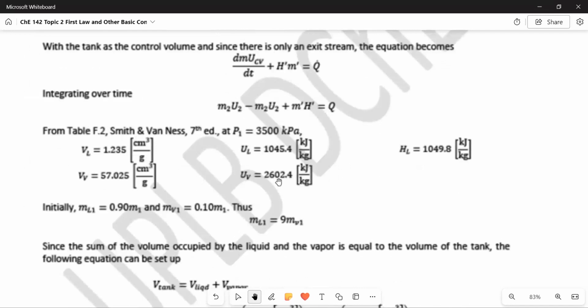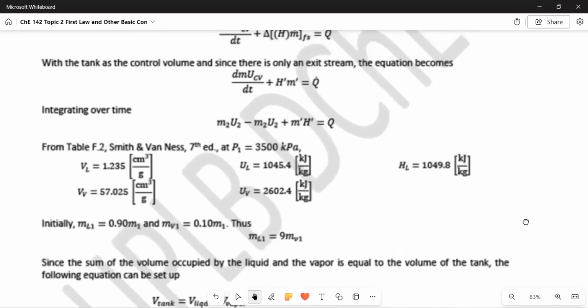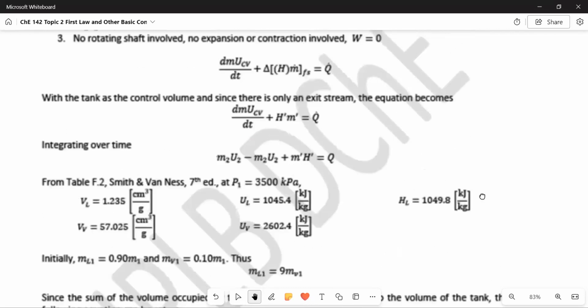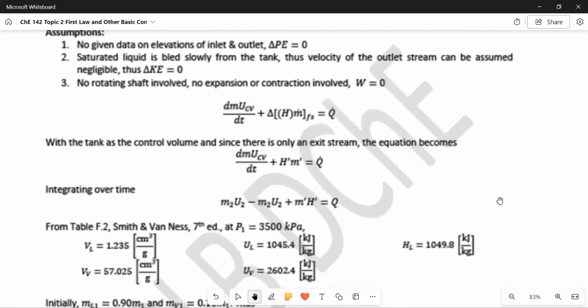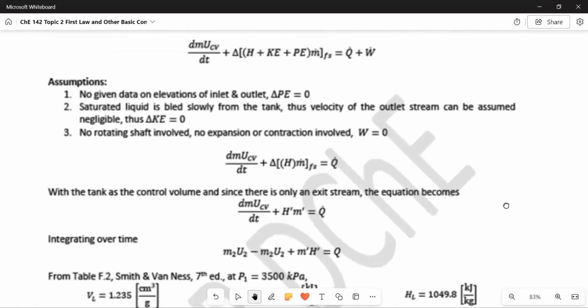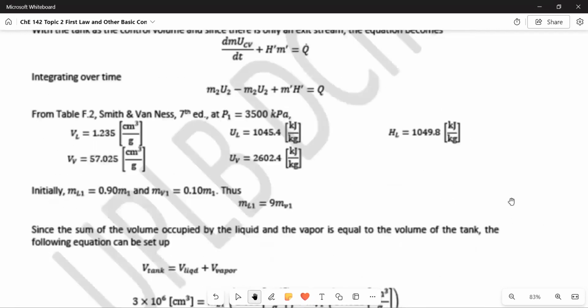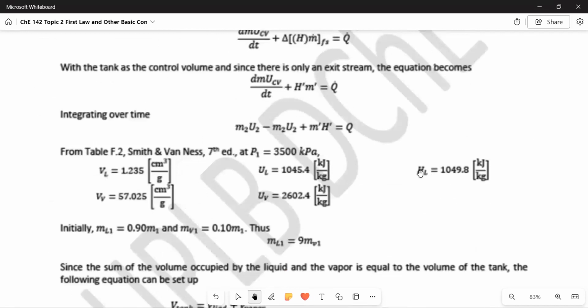So it is different. The properties are different for the saturated liquid and vapor at the same temperature. Then you also need the H for the liquid because the saturated liquid is bled off. So you need the H sub L, which refers to saturated liquid.